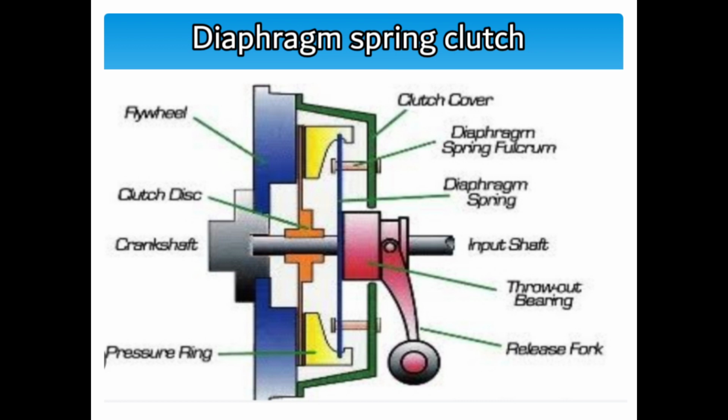It has a flywheel, a clutch disc, a crankshaft, a pressure ring or pressure plate, a clutch cover, a diaphragm spring fulcrum, a diaphragm spring, an input shaft, a throw-out bearing, and also a release fork. This is a diaphragm type of clutch.